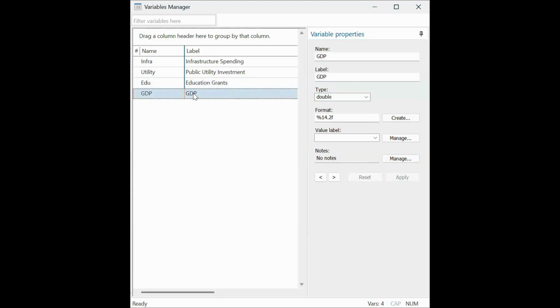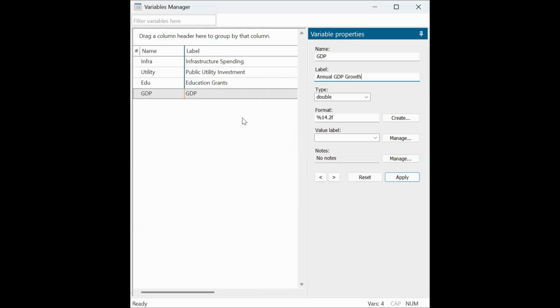Then GDP. What does it mean? Annual gross domestic product growth.